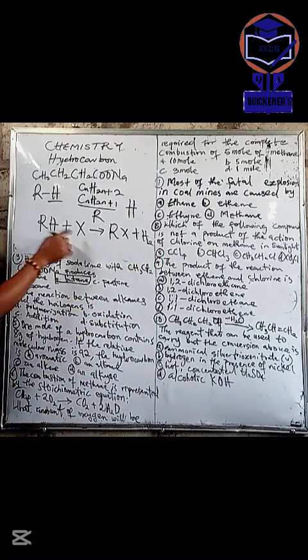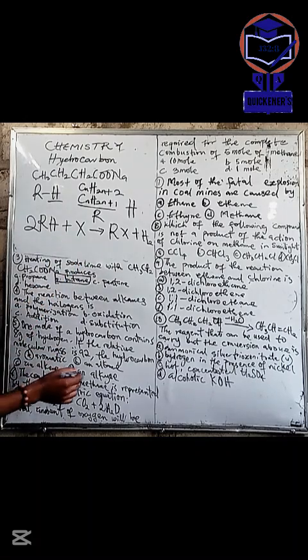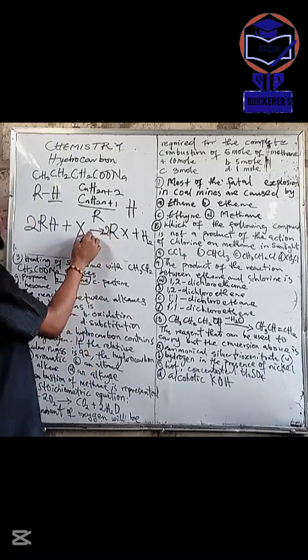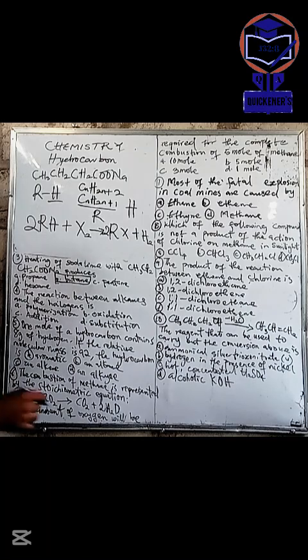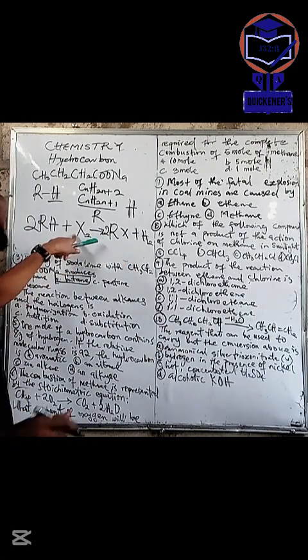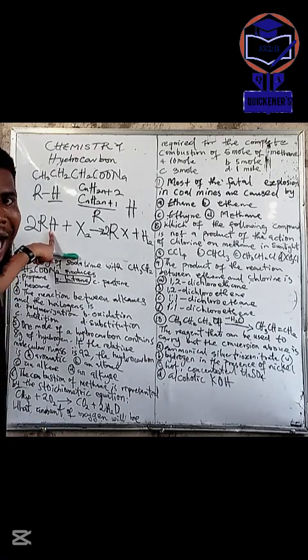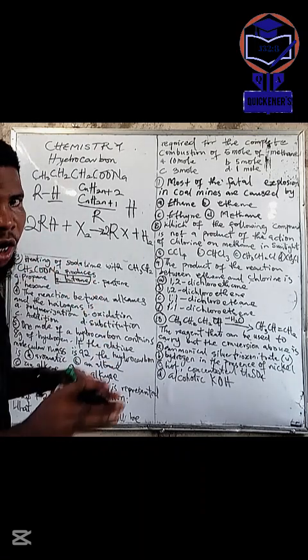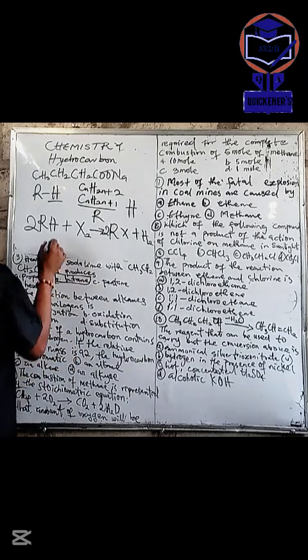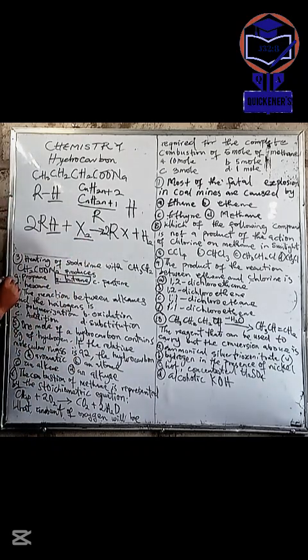If you balance this, you put 2 here and 2 there. So what kind of reaction is that? You can see this halogen went in to substitute this hydrogen. So that reaction is called a substitution reaction, because this halogen went in to replace hydrogen.